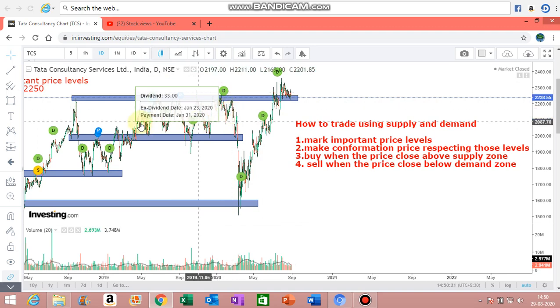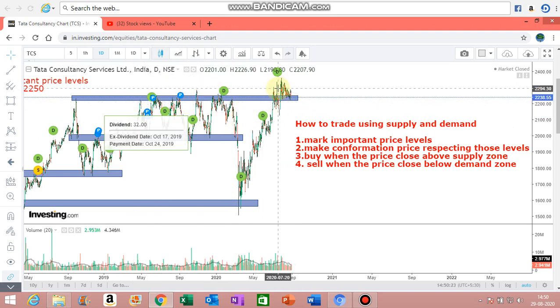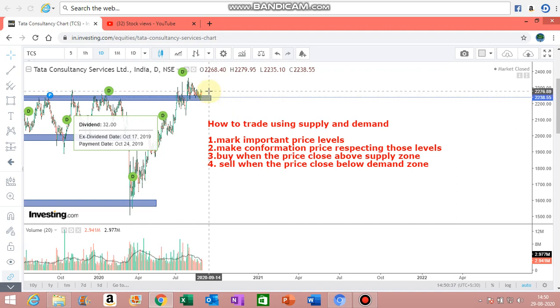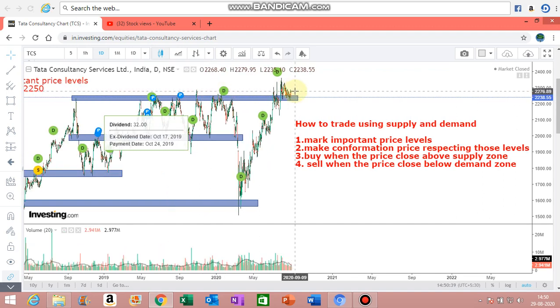Previously it was supply zone. Once the price breaks the supply zone, it is converted to demand zone. After testing, it is likely to move up. So you can buy the TCS stock at current levels.